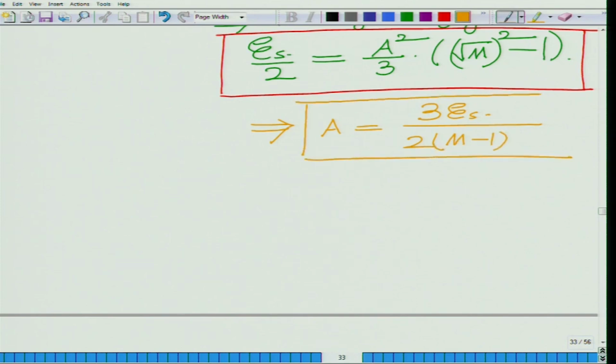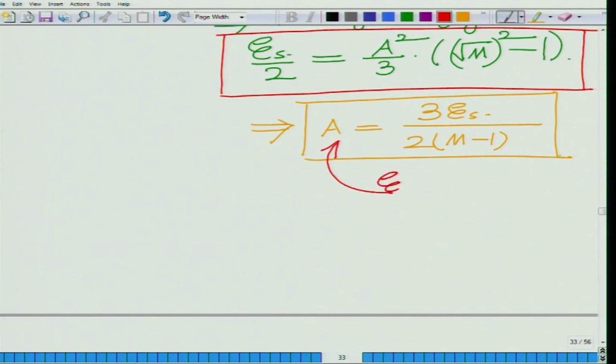So, the amplitude A, or the distance 2a, for each constituent square root of M-ary PAM is chosen as the square root of 3 Es by 2(M minus 1).